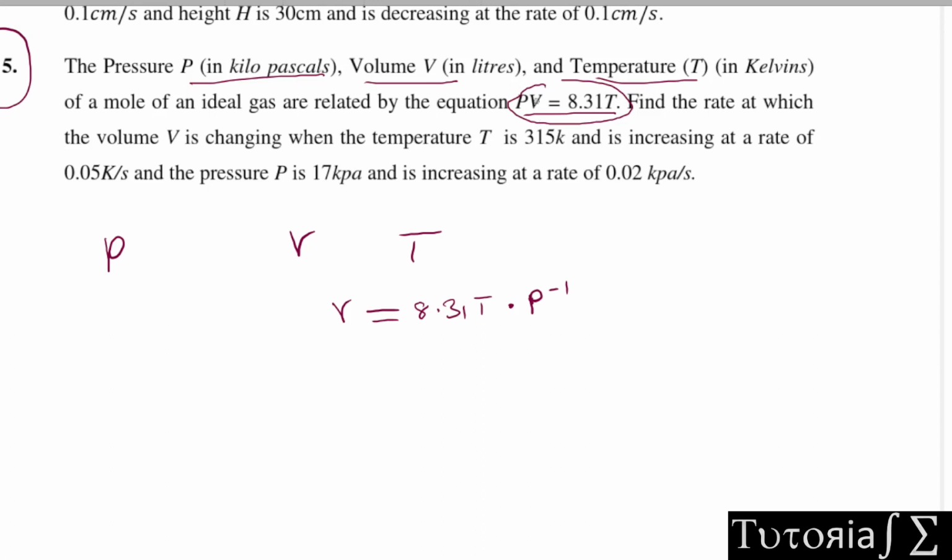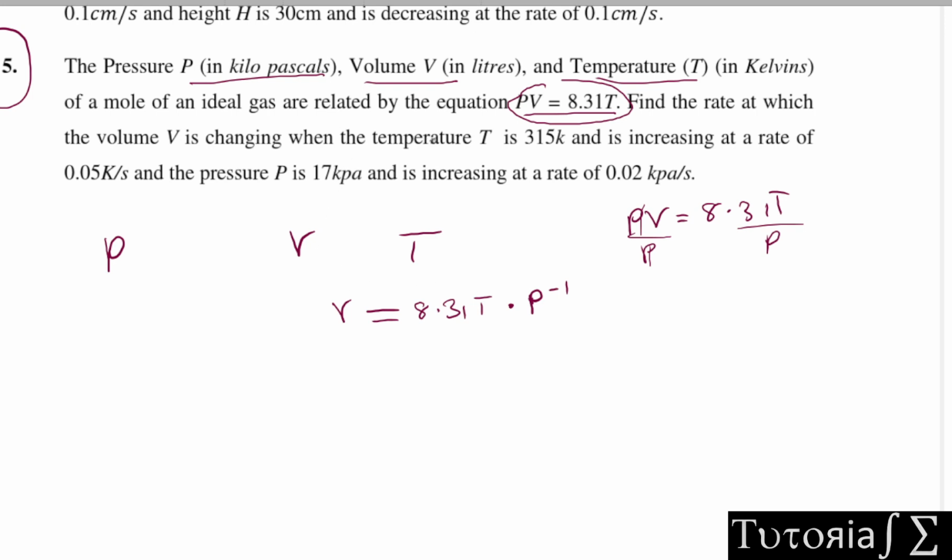So we simply multiply throughout by the inverse of P. So inverse of P times that will be P to the power 0, which is 1. Then we remain with the P to the negative 1 here. So PV is equal to 8.31T. We just say over P, of which we can write this P as P to the negative 1.